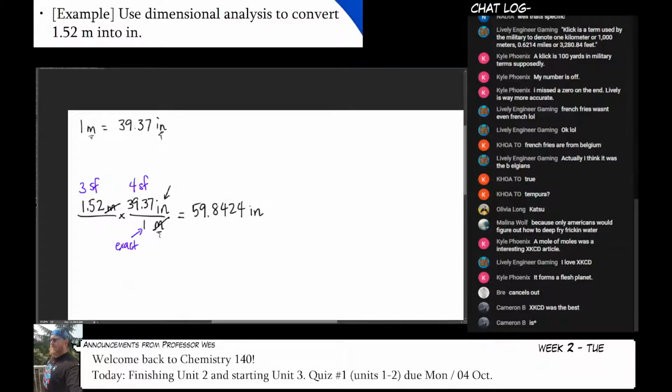So my answer should have the smallest number of sig figs. And that's the answer I would report. So if I was measuring an object that was height 1.52 meters, and I wanted to know how many inches that would be, it'd be 59.8 inches.